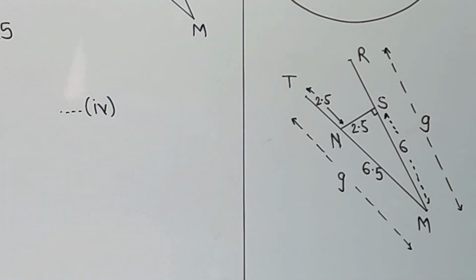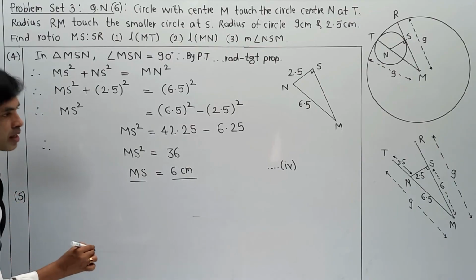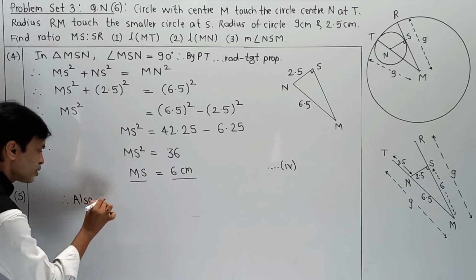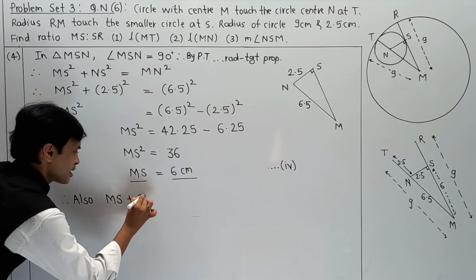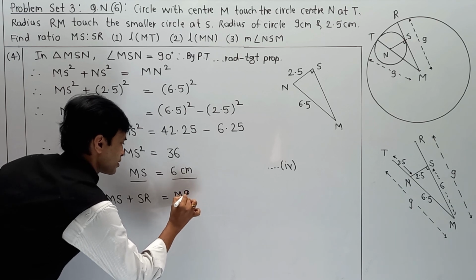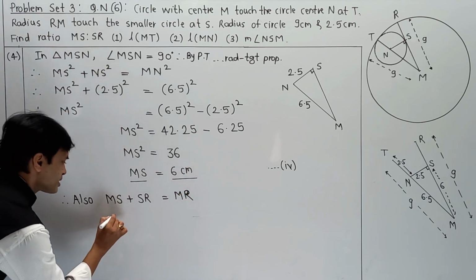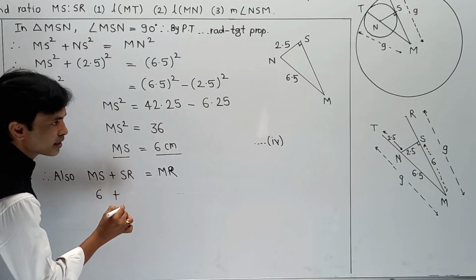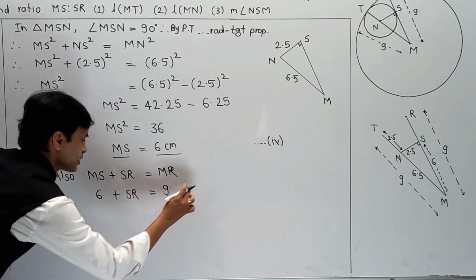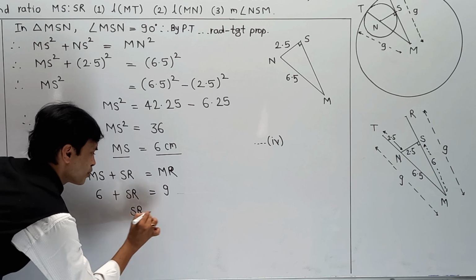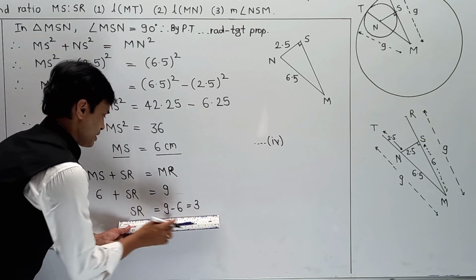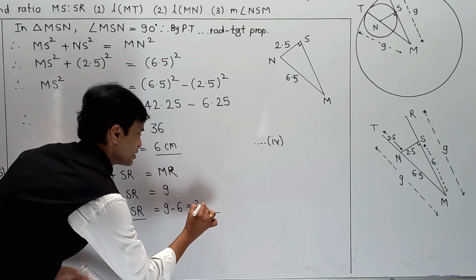So your last part, MS plus SR is equal to MR. Now MS, that is 6, plus SR, the value of SR that we are supposed to find, is equal to 9. So 6 shifted over there, SR is equal to 9 minus 6, that becomes 3, and this is your one answer, that is SR is equal to 3 centimeter.